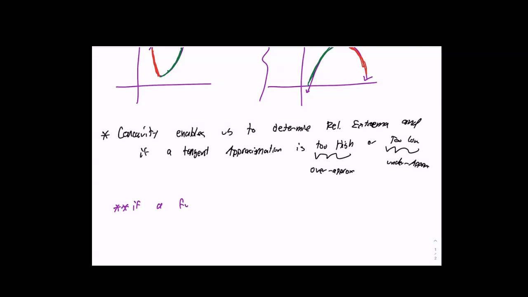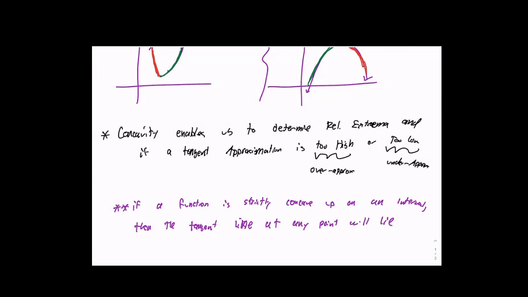If a function is strictly concave up on an interval, then the tangent line at any point will lie below the function, and therefore under approximate.